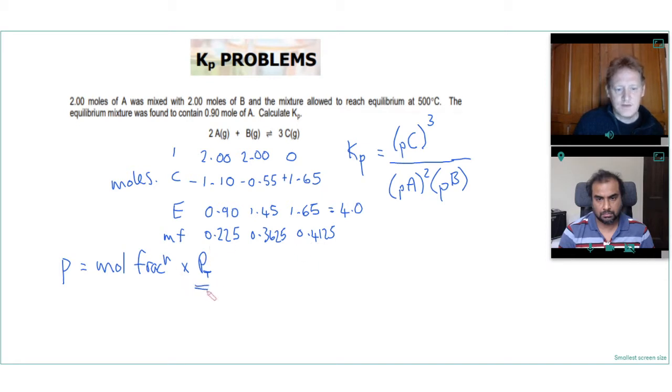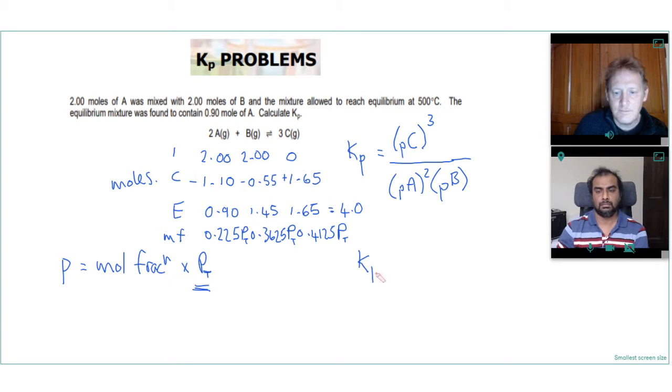And then times by the total pressure. So it hasn't given us the total pressure, so we can just write in P there for our total pressure, or PT. And we'll see what happens to that when we put that in the calculation.